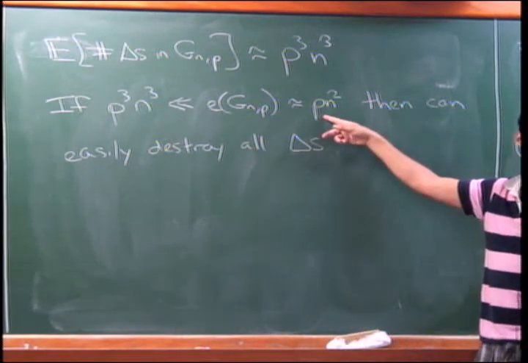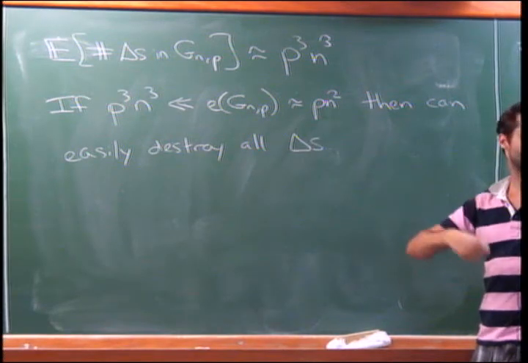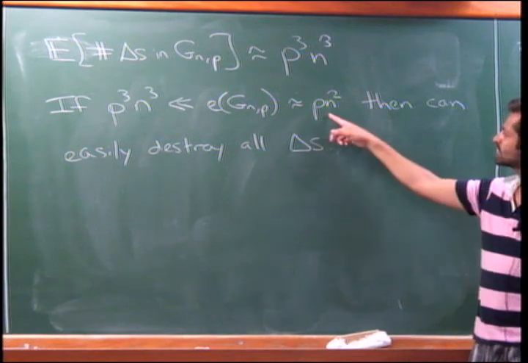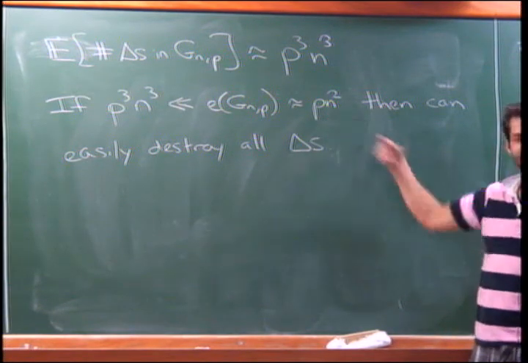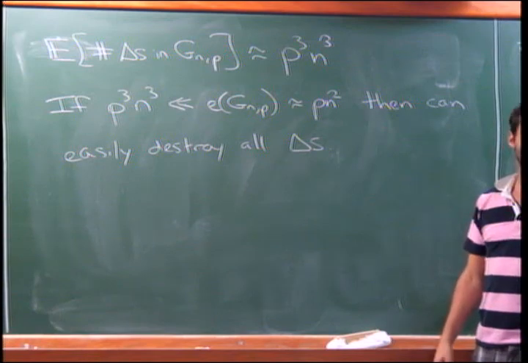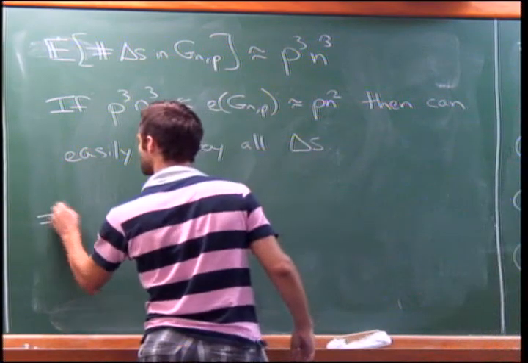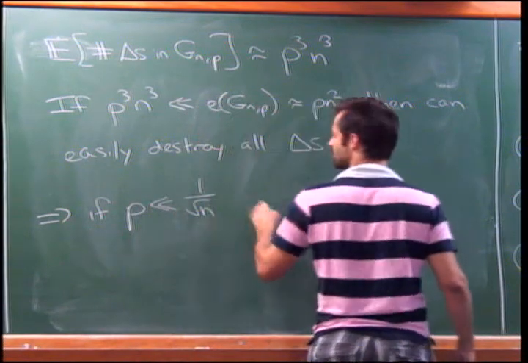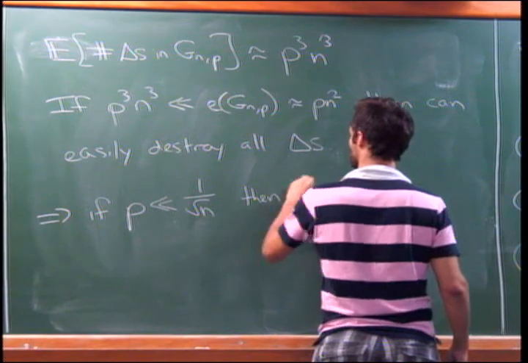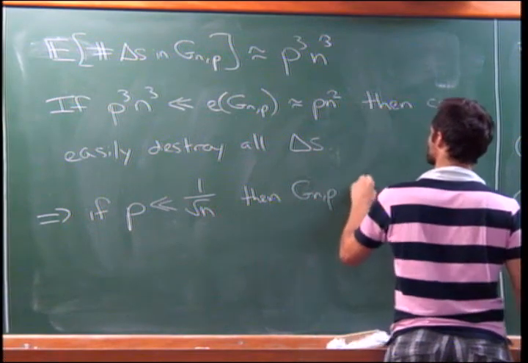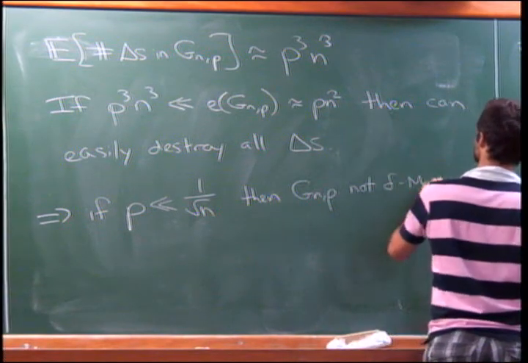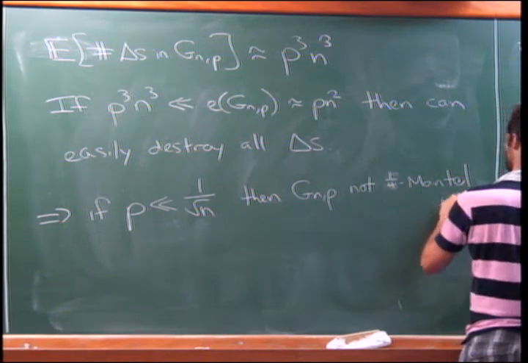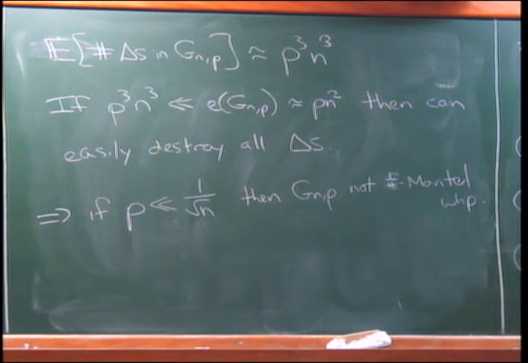You have p n squared edges, so you can easily do it, and you still have almost all your edges. So this is if p squared n is much smaller than 1. So if p is much smaller than 1 over root n, then G(n,p) is not delta Mantel. Well, it's not even a quarter Mantel, let alone delta Mantel.